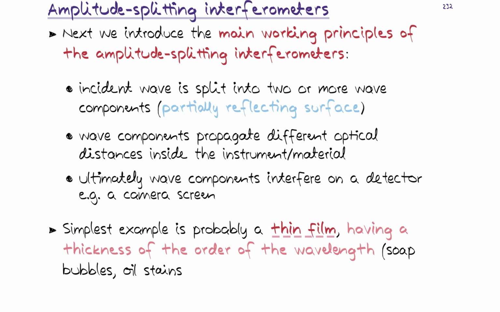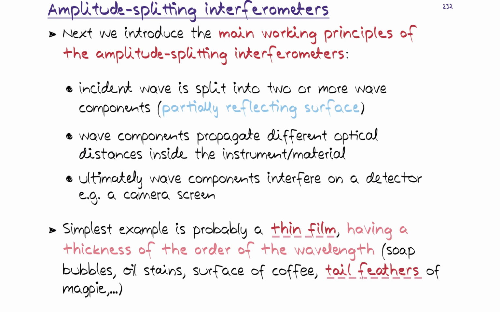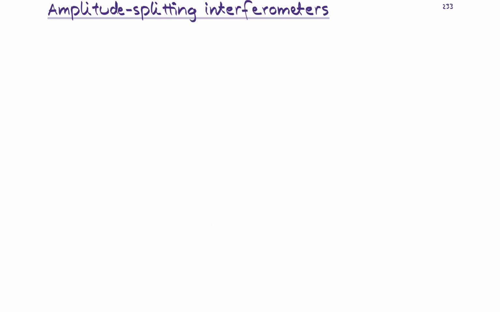So there's a huge number of examples where we are actually seeing thin films in action. So soap bubbles, oil stains. I think even on the surface of a coffee, I will be showing you a picture of this, and tail feathers of magpie and many other birds. Peacock is a classical example, I would say. So many examples exist, and this is hopefully a good motivation to go through this lecture material.